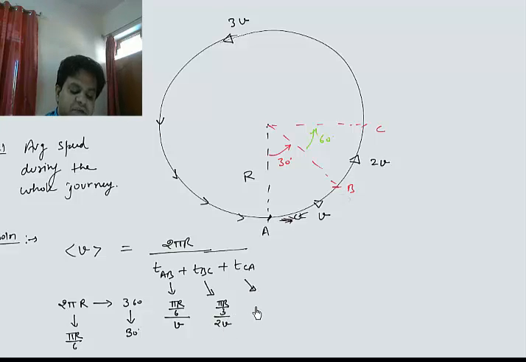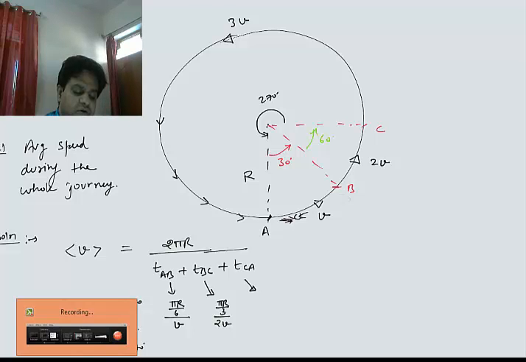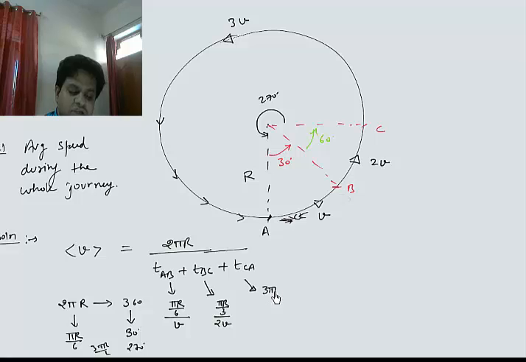And the last phase, the distance I have to calculate. This angle is 270°. If I multiply by 9, I'll get 270° angle, and here I will get 3 pi r by 2. So this is 3 pi r by 2 covered with speed 3v. So 3 gets cancelled with this 3, pi r with this pi r.